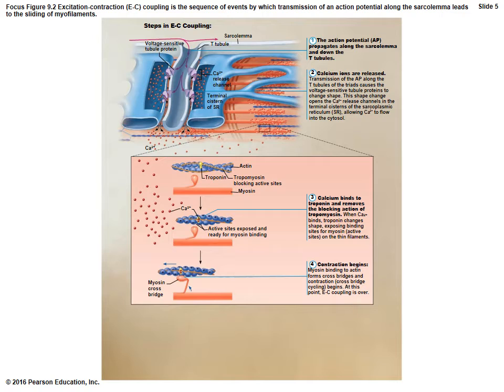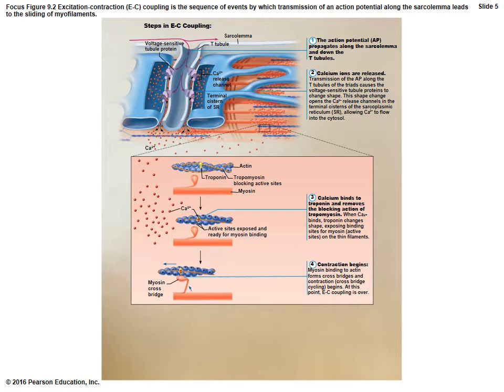So what we see happening is, within a few seconds of calcium being released from the sarcoplasmic reticulum, the calcium will make its way over to the troponin. It will be detected by the troponin, and the troponin will respond by moving the tropomyosin away from the active sites on the actin. So go ahead and look at your picture on the right-hand side. Look at the little insert, and for step number 3, it says calcium will bind to the troponin, and it removes the blocking action of the tropomyosin.